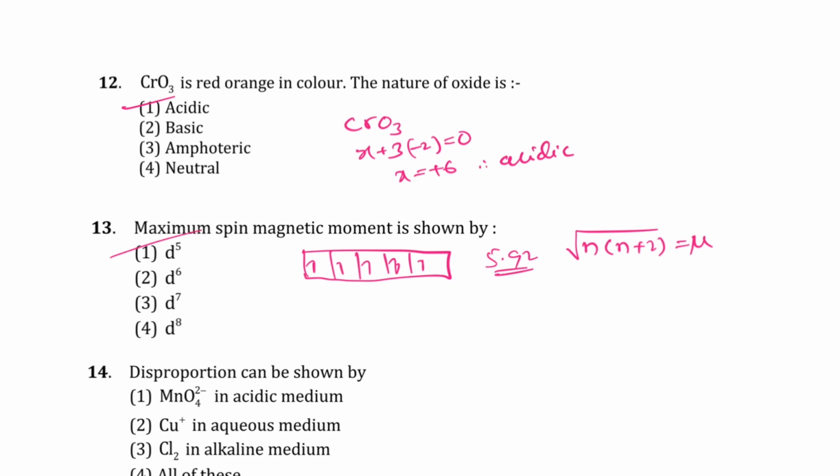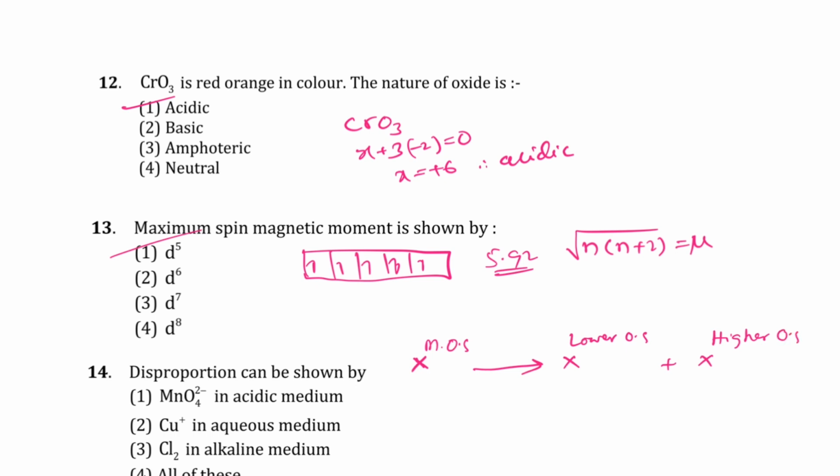First of all, you should know that an element with a moderate oxidation state converts into X with a lower oxidation state plus X with a higher oxidation state.